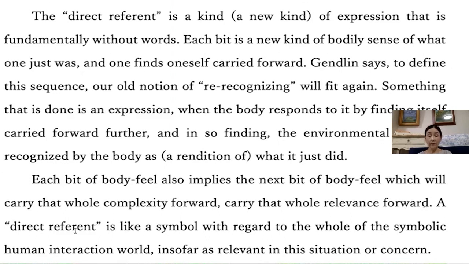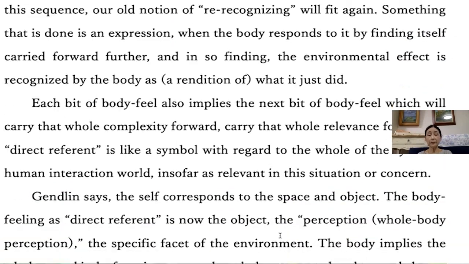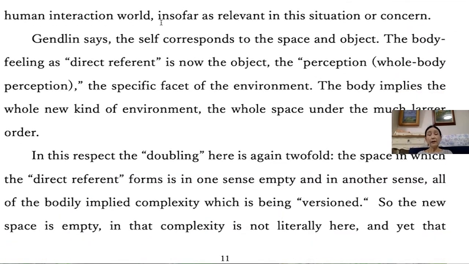A direct referent is like a symbol with regard to the whole of the symbolic human interaction world, insofar as relevant in this situation or concern. Gendlin says the self corresponds to the space and object.